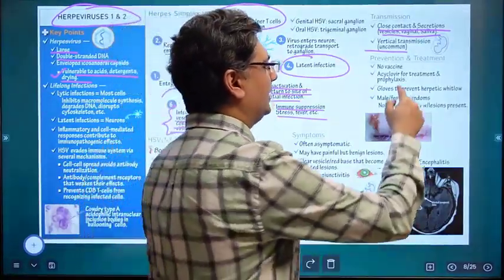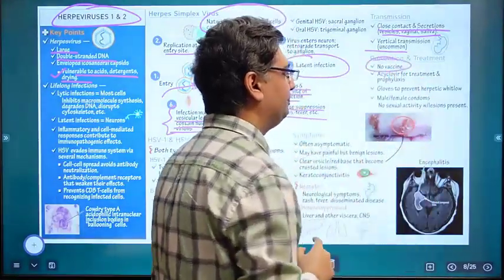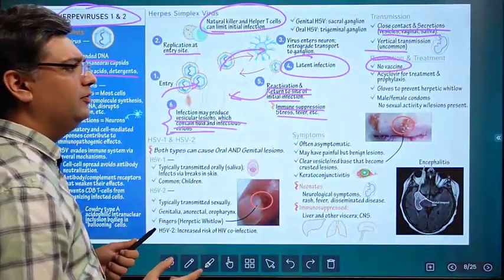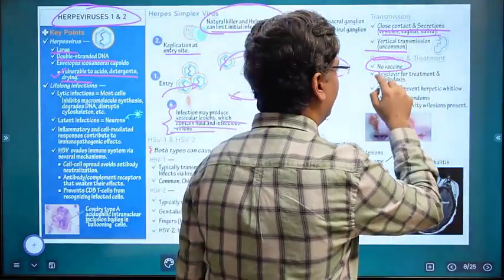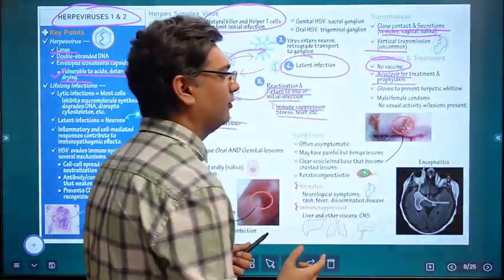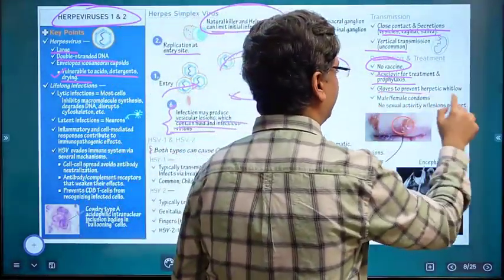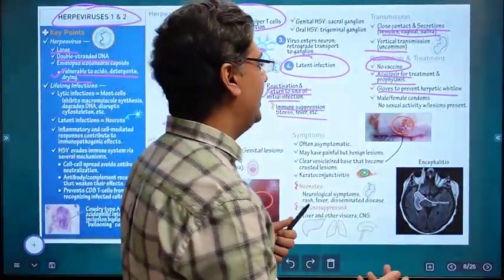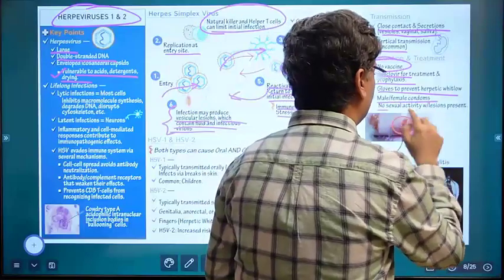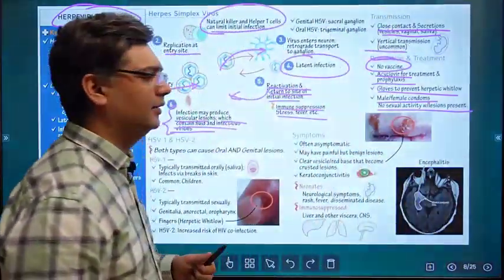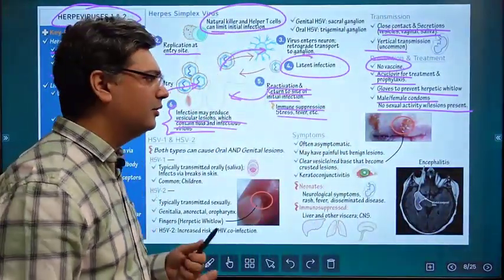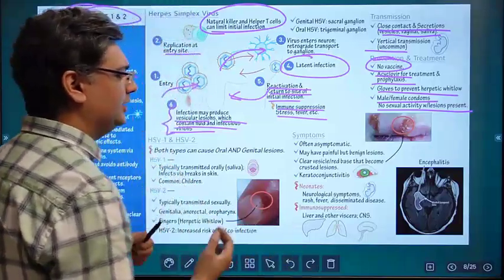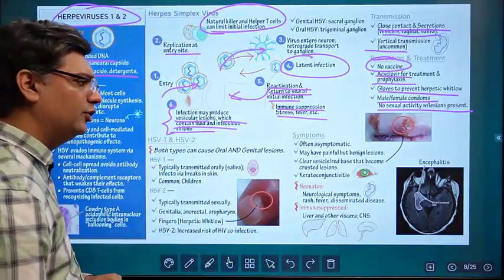There is no vaccine for this. How do we prevent it? We can give an antiviral called acyclovir, and we can wear gloves to prevent herpetic whitlow. We should also use sexual hygiene and condoms, and that's how HSV2 would not spread.